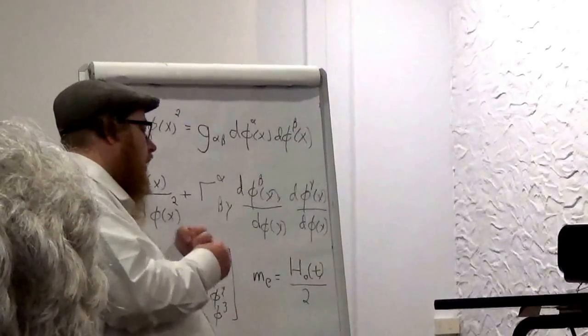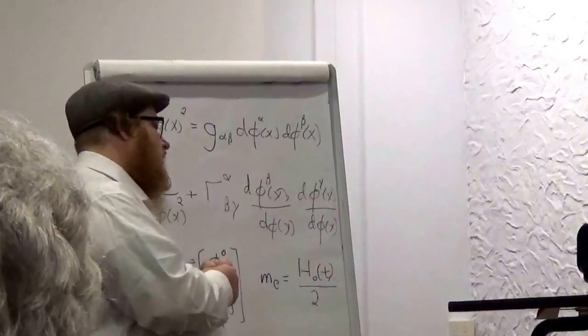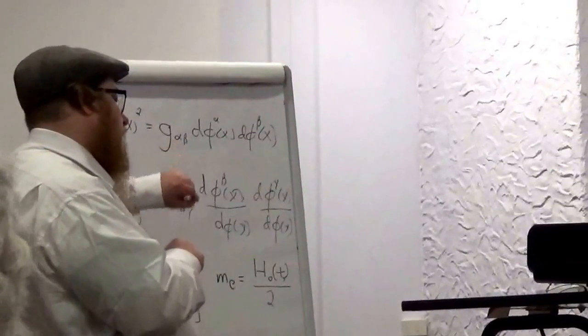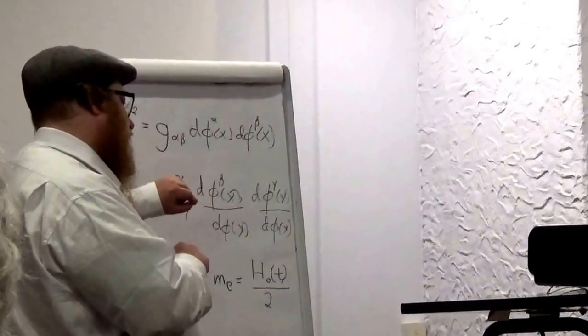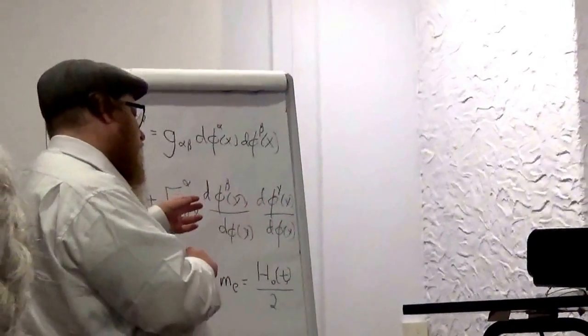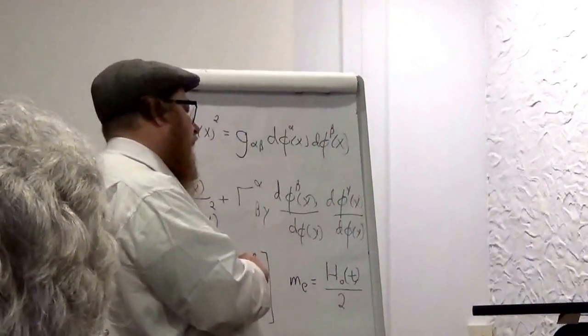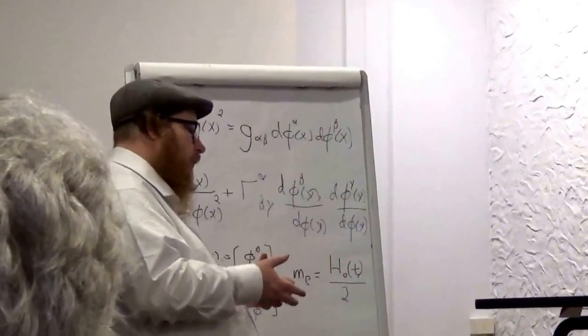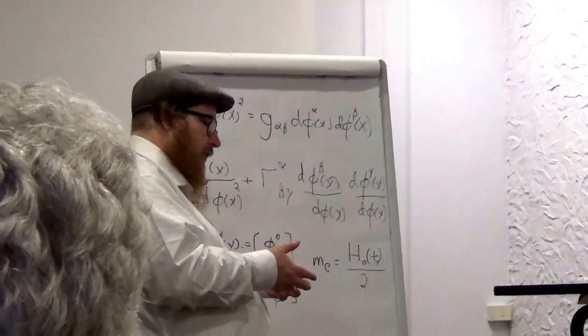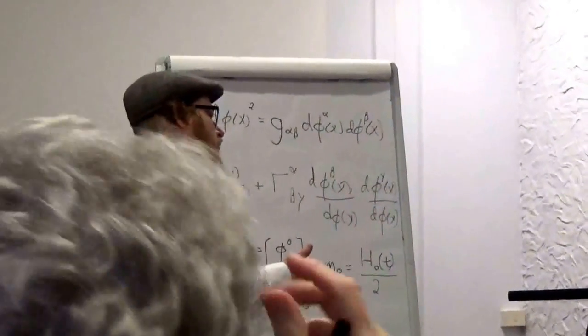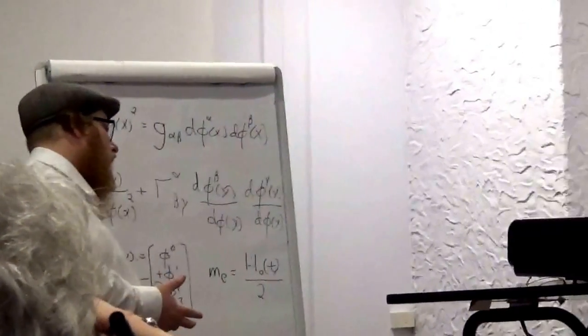That driving of the mechanism causes, the further you get away from the observer, an increasing perceived potential. So from the point of view of the observer at the center, the further you get away, you see more and more particles being produced out of the vacuum.